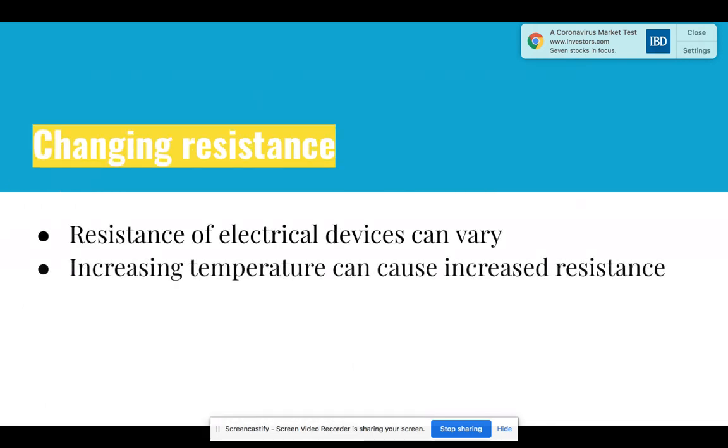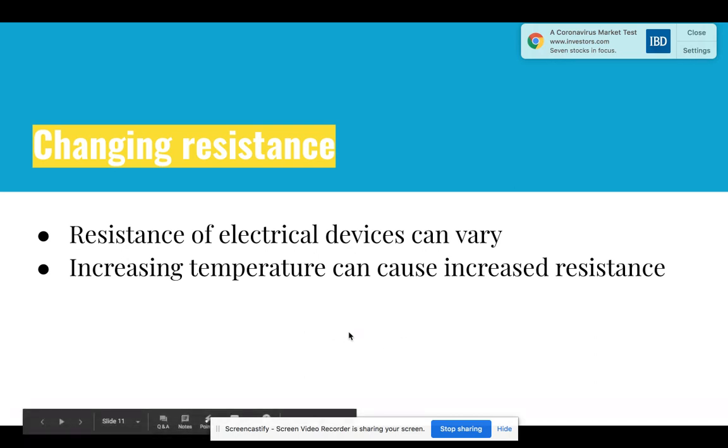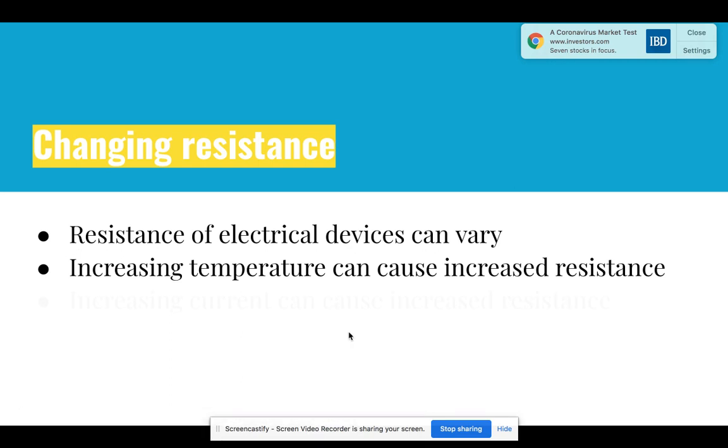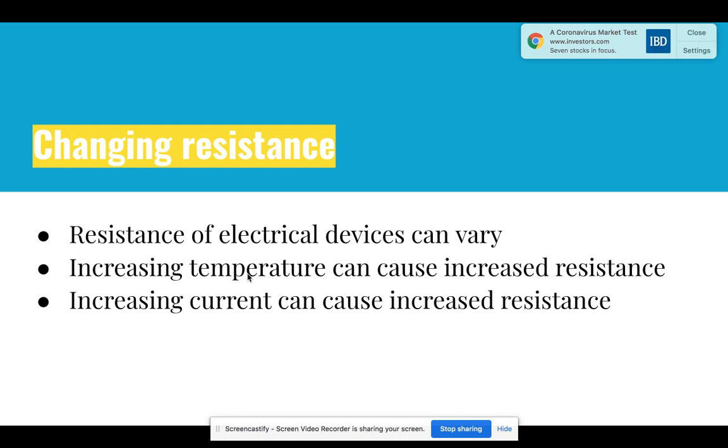Okay, changing resistance. It says resistance of electrical devices can vary. Temperature causes a big increase in resistance. As a wire heats up, or anything heats up, that resistance increases, so the temperature of the wire will get hotter, and then the resistance gets greater and greater.